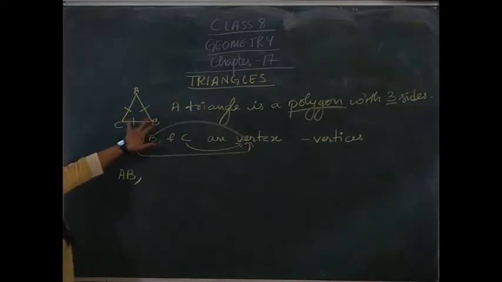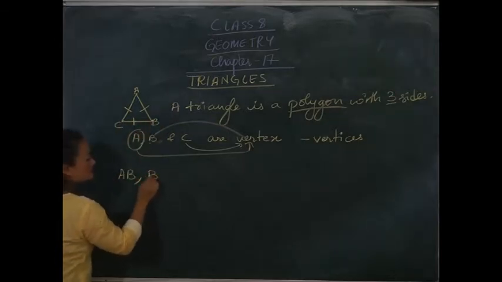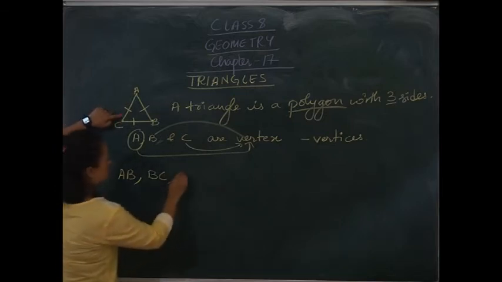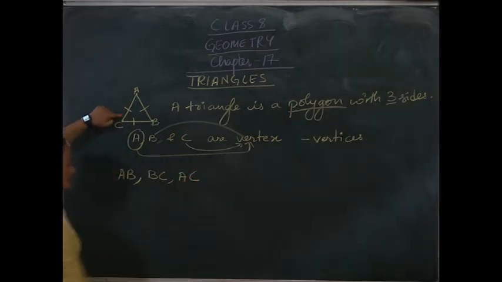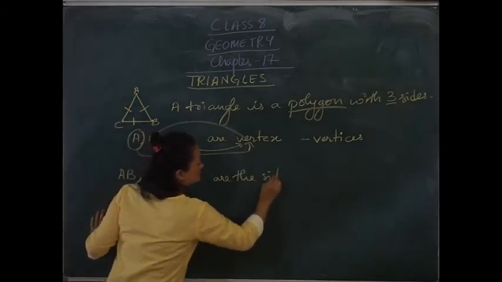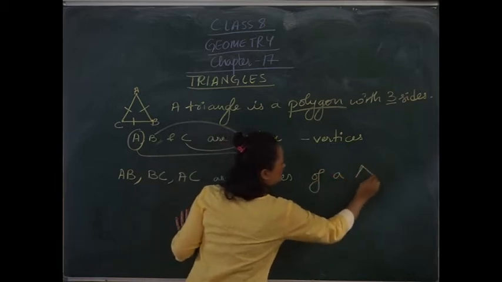Similarly, point B and point C, when you join them, they make the side BC. And point A and point C, when you join them with a line, that becomes the third side named as AC. And remember, they are the sides of a triangle.